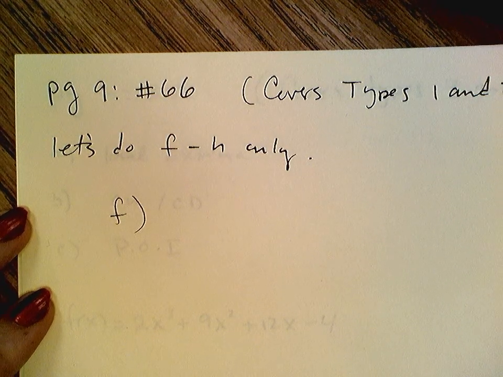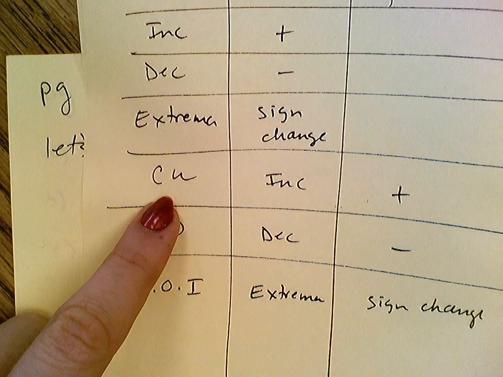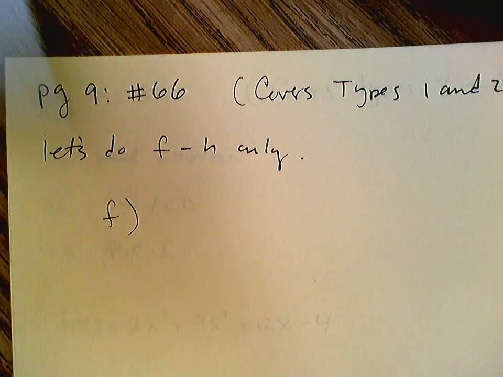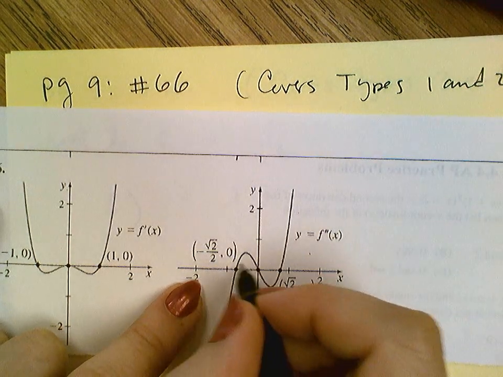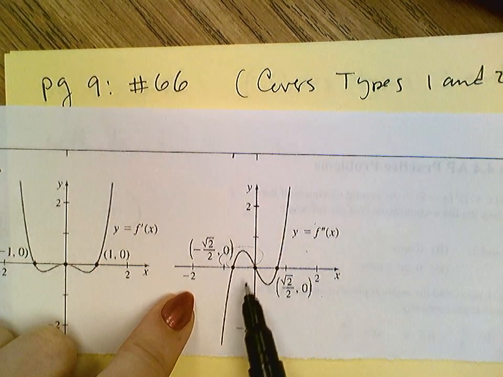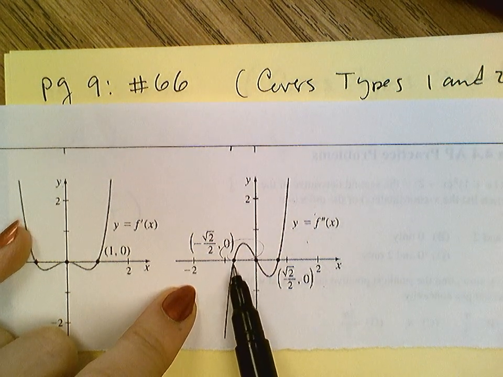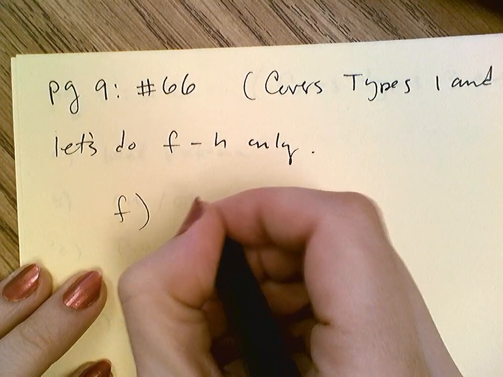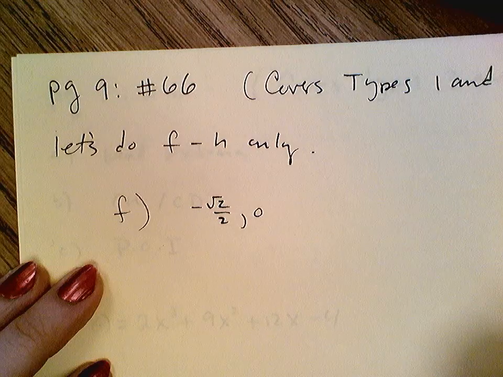All right, so F, where is F concave up? Concave up when F double prime is positive. So F double prime positive is this interval and that interval. So this is negative radical 2 over 2 to 0.